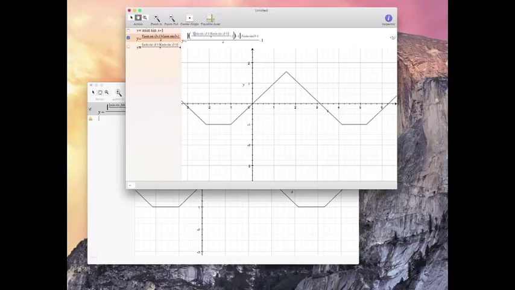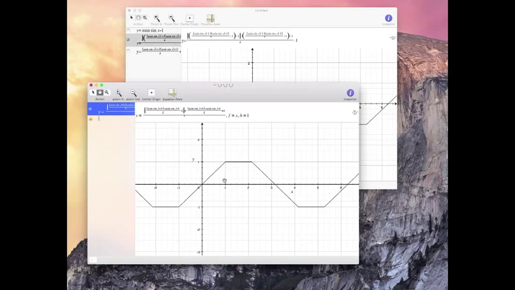This other function is going to cut the first function at -1, and the first function is nothing but the function that cuts a sine of x at +1. So as a result, both the functions cut a sine of x at -1 and at +1, and that is how you get this graph.